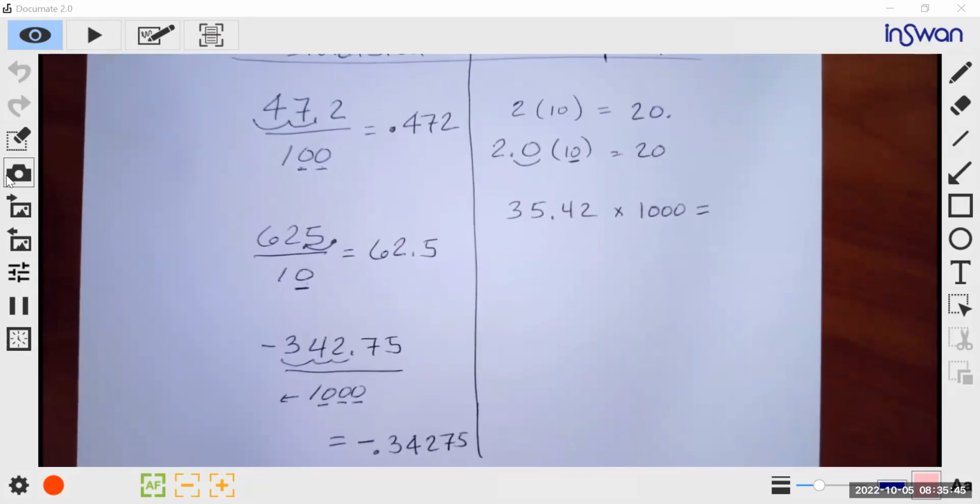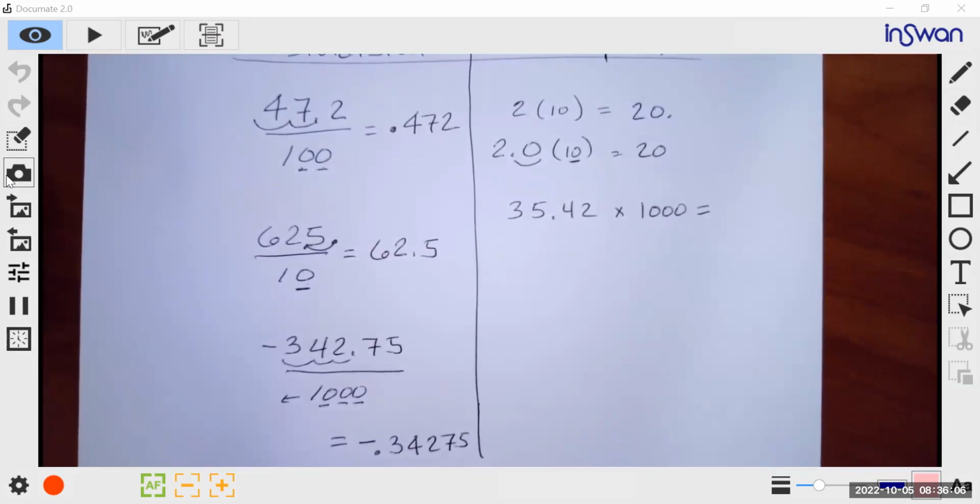35.42 times 1,000. How many spaces do we move it?